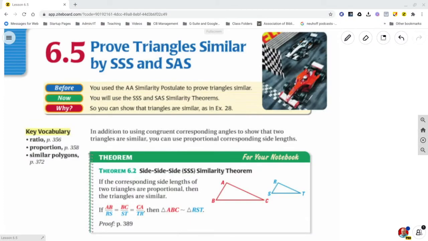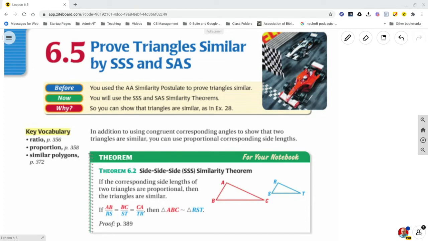In lesson 6.4, we looked at angles of two triangles in order to determine whether or not two triangles could be similar. In lesson 6.5, we're going to be looking at side-side-side and side-angle-side to determine similarity. It's going to be the same approach that we used previously when we were looking at triangle congruence in an earlier chapter.